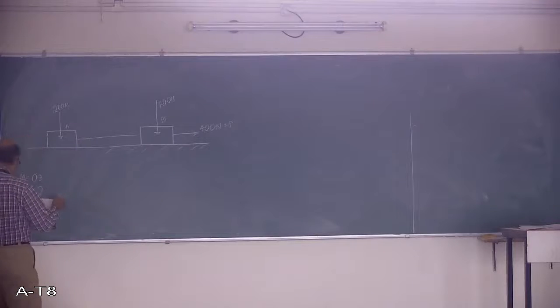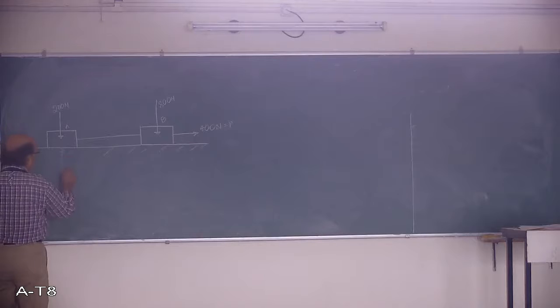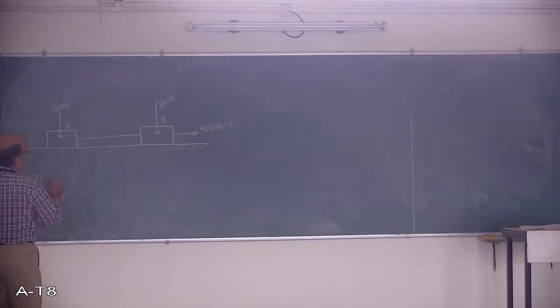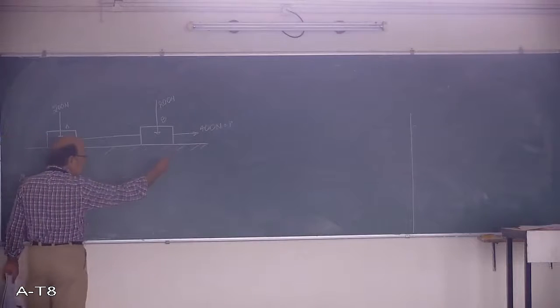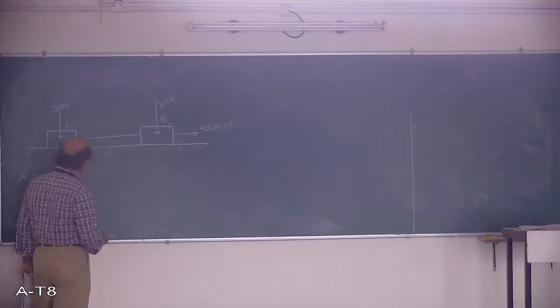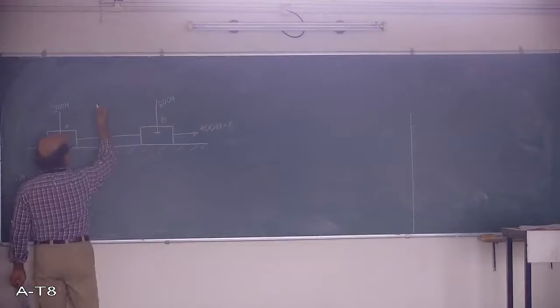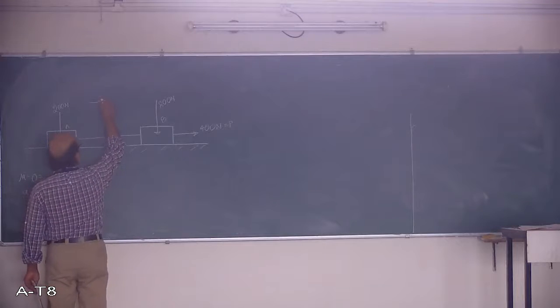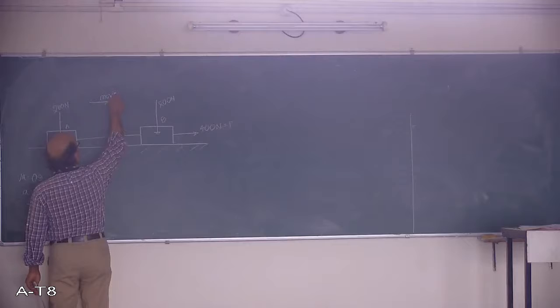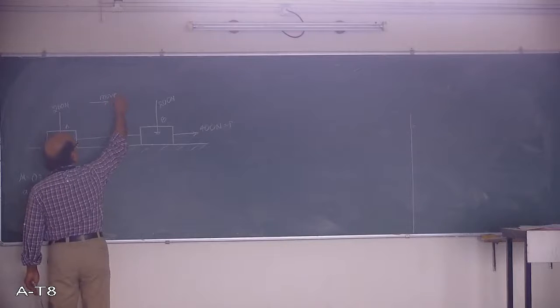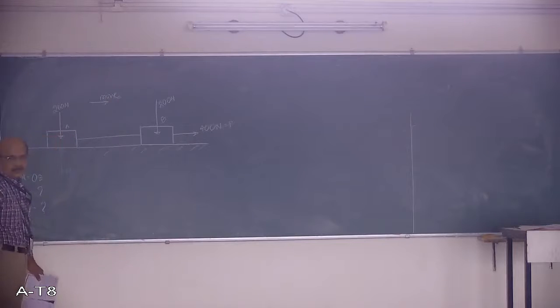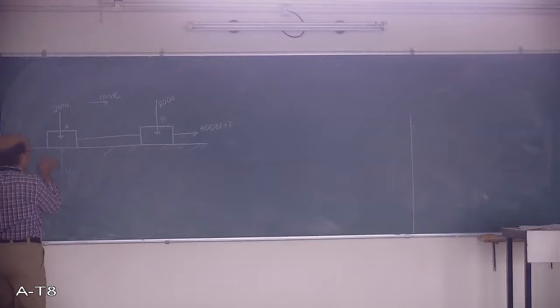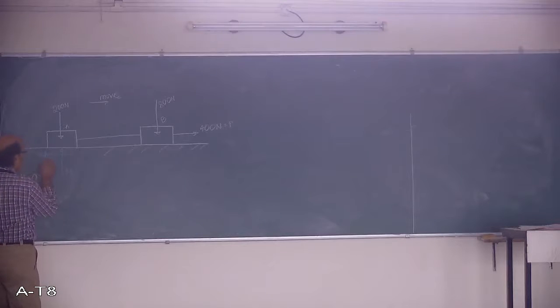Now the way it is acting, there is a normal reaction N1, and as it is pulled in this right direction, both the blocks will move in this direction. As both the blocks are moving in this direction, our frictional force will be acting opposite.